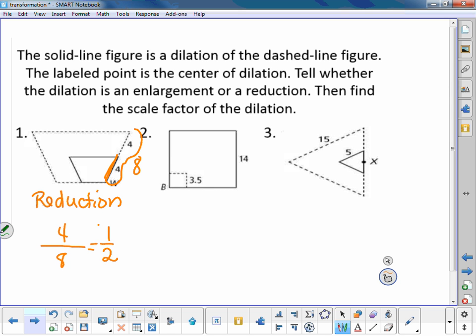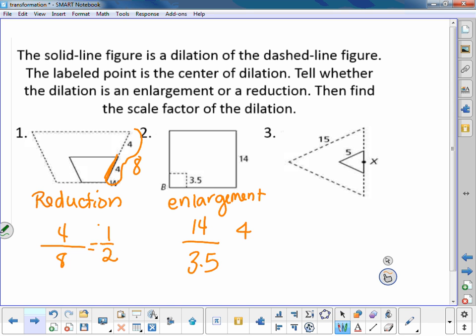So if you look at the second one, the solid is the dilation of the dotted. So the dotted is the pre, look at that, that's going to give you 4.